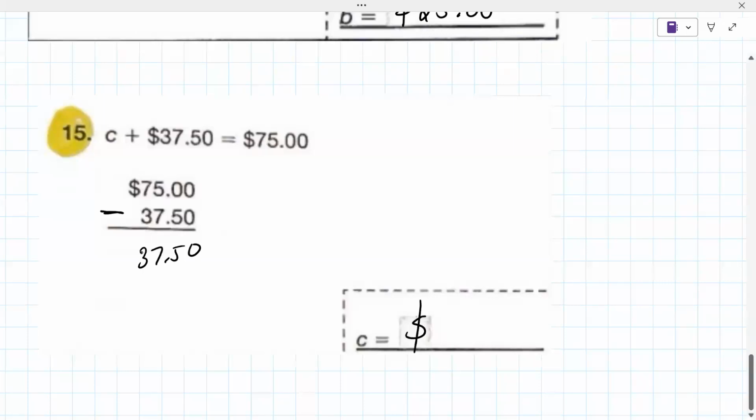Very good. And because it's money, you might put the dollar symbol there. Is that okay? Yeah. Okay.